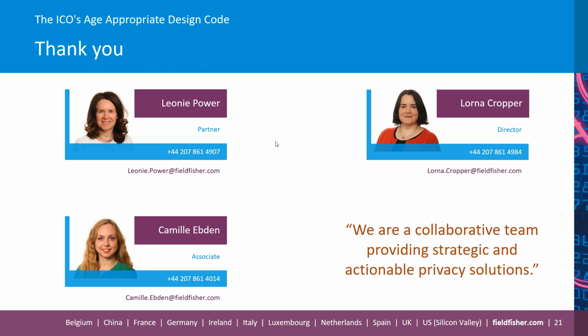So I would imagine there's a similar expectation in the context of this code, that you couldn't ignore the fact that, as a matter of reality, there are children, and in particular, as Camille says, if there is a significant number of children accessing the site, the fact that you're not aiming the site at children, or not intending it to be accessed by children, is not necessarily going to get you where you need to be.